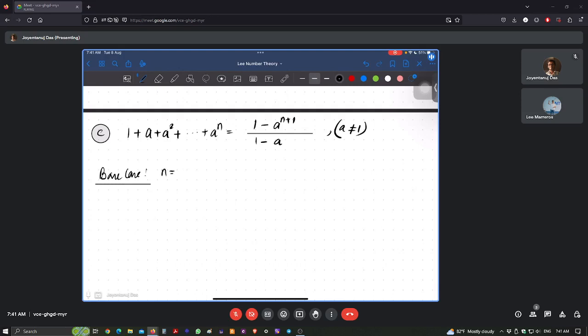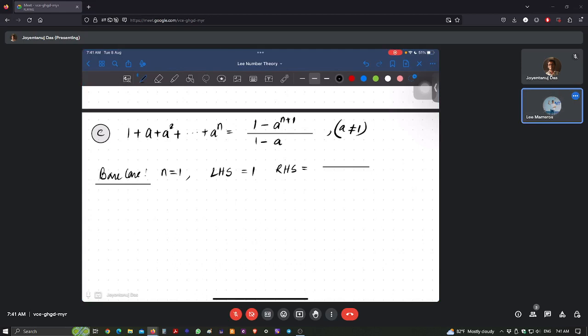So n equals to 1, then the left hand side is 1. That is fine. What about the right hand side? But if n is equal to 1, that would be 1 plus a, right?